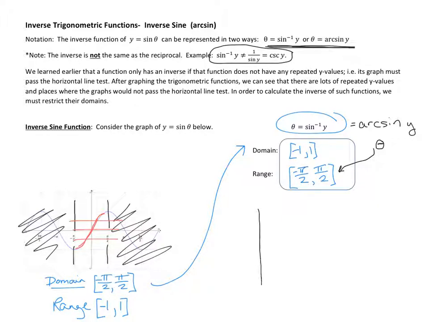So if we think of it in terms of the unit circle, we have 0 here, pi over 2 up here, and negative pi over 2 would be starting at 0 going in the negative direction. So basically, our answers lie somewhere in quadrant 1 or quadrant 4.